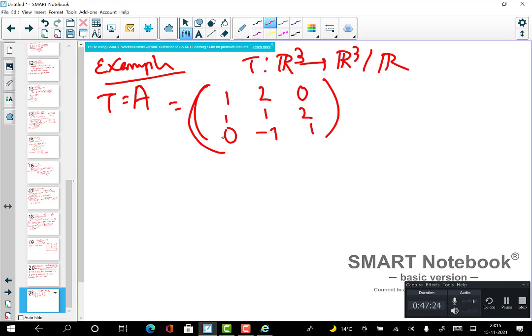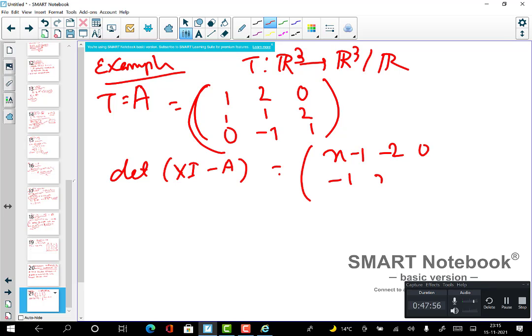So first let us check the eigenvalues and eigenvectors, and you can check that the eigenvalues are actually all 1. This is not a difficult problem. You check the determinant of xI minus A, which is x minus 1, minus 2, 0, then minus 1, x minus 1, minus 2, and then 0, plus 1, x minus 1.